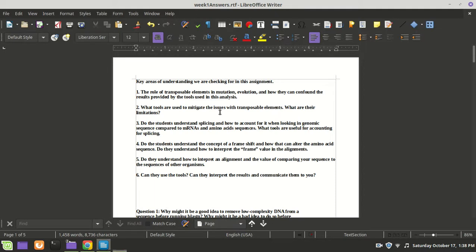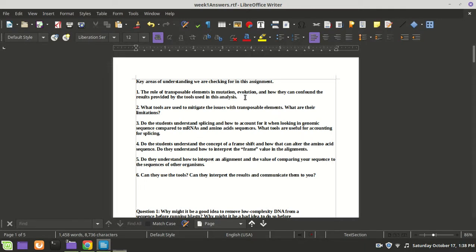It's important that the students understand this concept of searching for the high complexity regions and getting rid of the low complexity regions if you can. So they need to learn to use the tools for this, but one of the things in this exercise is that it shows you how getting rid of the low complexity regions can also be overdone.